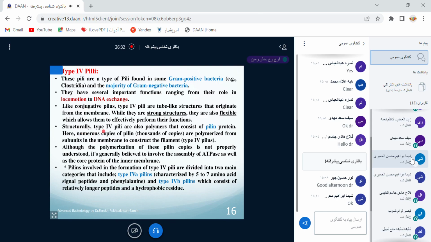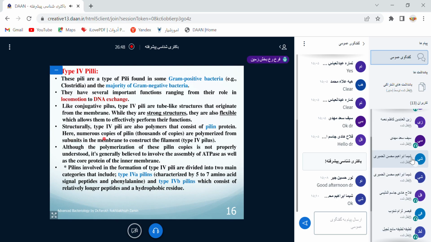Structurally, type 4 pili are also polymers that consist of pilin. So it is also a pilus and it consists of pilin protein.